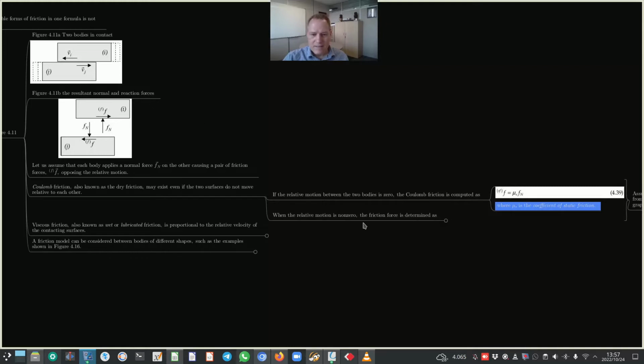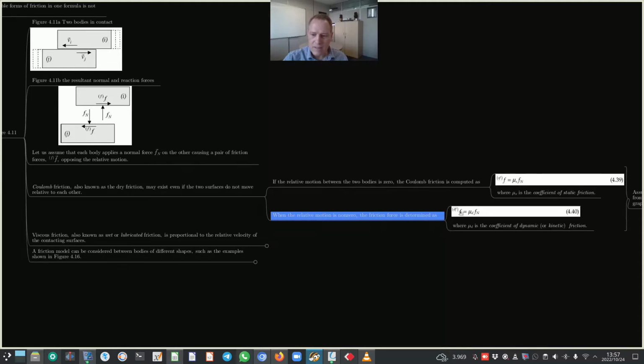4.11b. So when the relative motion is non-zero, the friction force is determined as dynamic friction, superscript dF, equals mu d Fn, where mu d is then the coefficient of dynamic or kinetic friction.